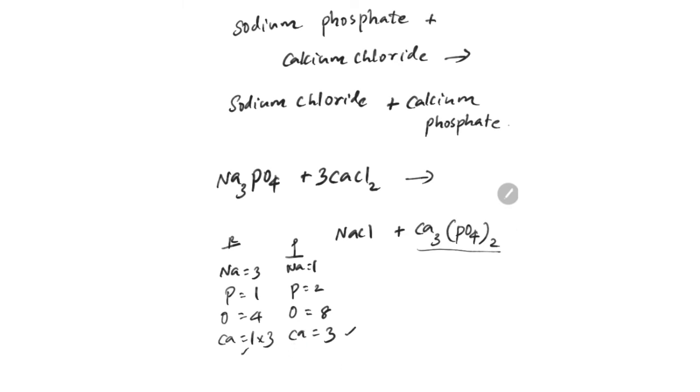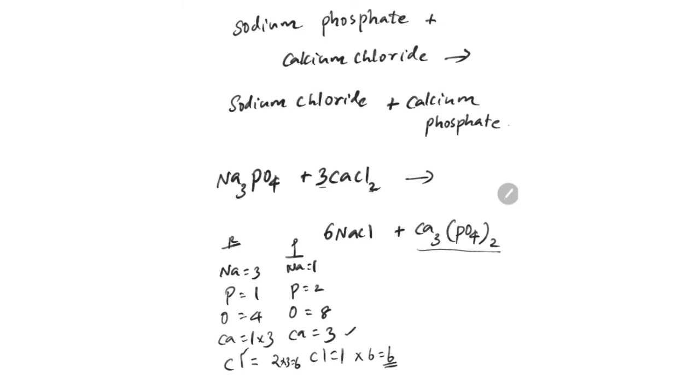Now you can notice the chlorine became 6 here. Sorry, I didn't write chlorine. Earlier it was 2. On the product side, chlorine is 1. So now it became 6. This also we can multiply by 6 in order to make that also 6. So I put 6 in front of sodium chloride, so that chlorine is balanced now.